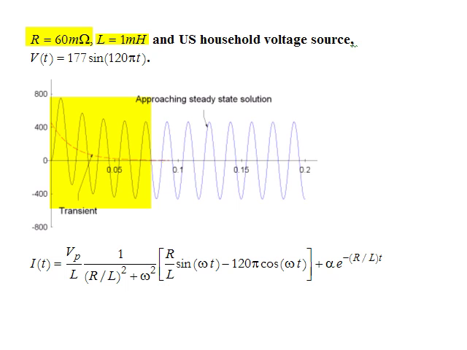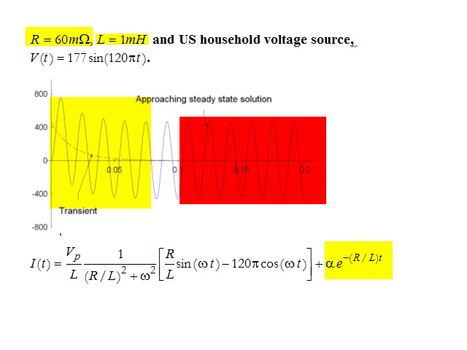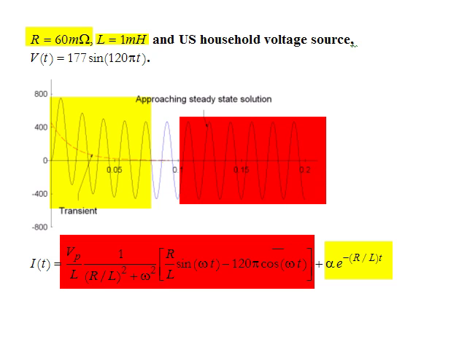So the transient is marked here. The transient was this term right here, and it's decaying away. Like I say, usually those aren't even talked about in some circuit classes, because it will decay away very fast, and then you're left with this other, which is this part, the steady state value.